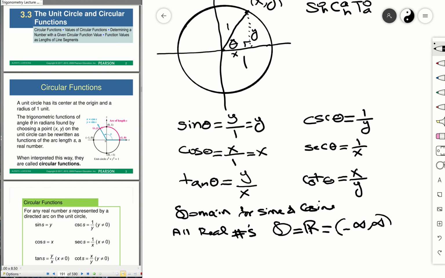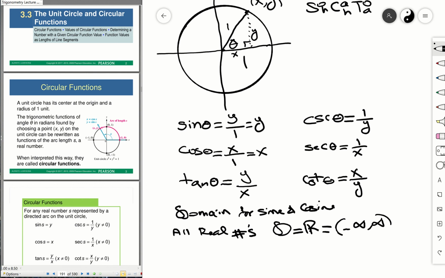You know that x is 0 at pi over 2, for instance, and 3 pi over 2. Or you can look at it as at 90 degrees and 270 degrees. So the domain for those functions will be restricted based on that.